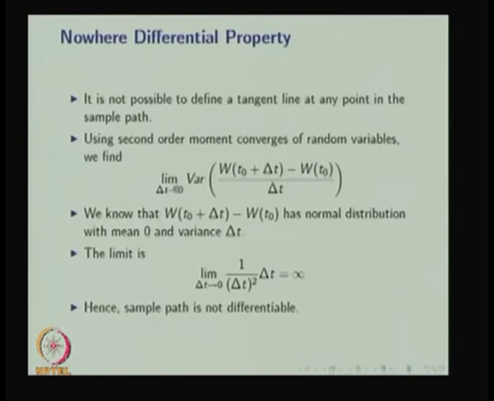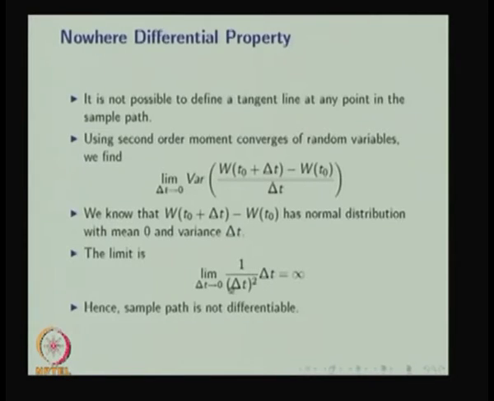Since this difference has a normal distribution with mean 0 and variance delta t, the variance delta t has to be treated as a constant. So the variance of 1 divided by the constant times this will be 1 divided by delta t whole square, and the variance of the difference of this random variable is delta t.